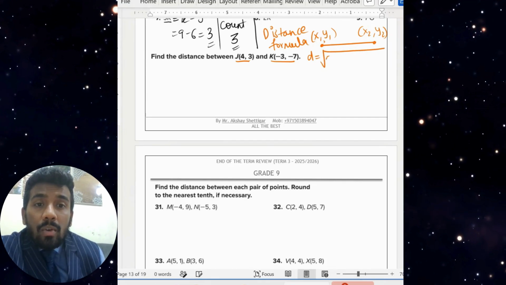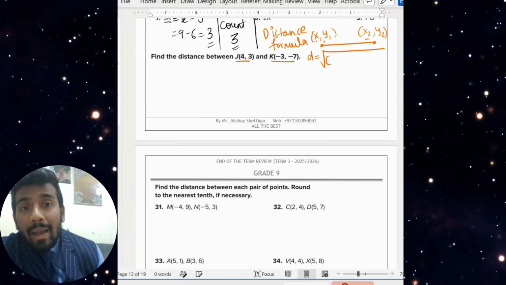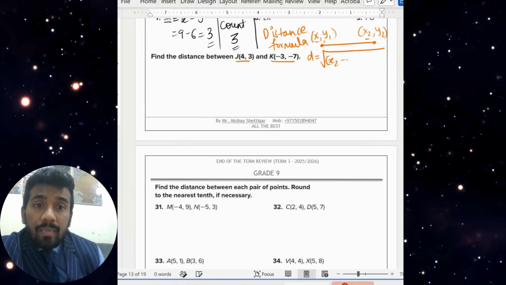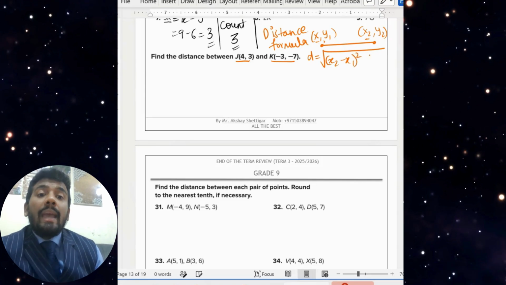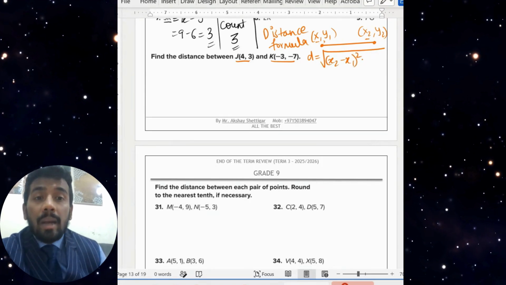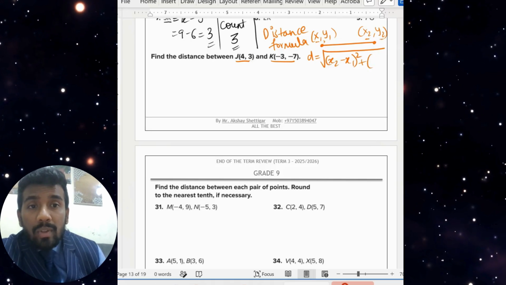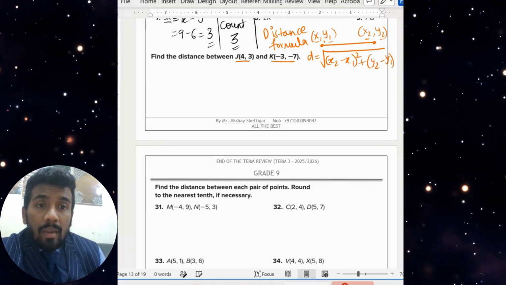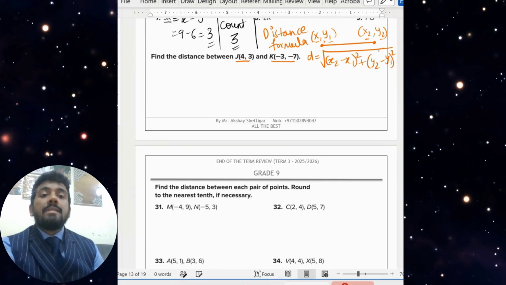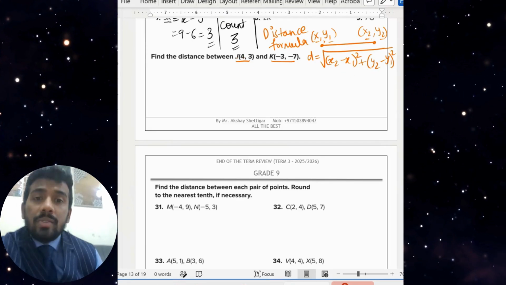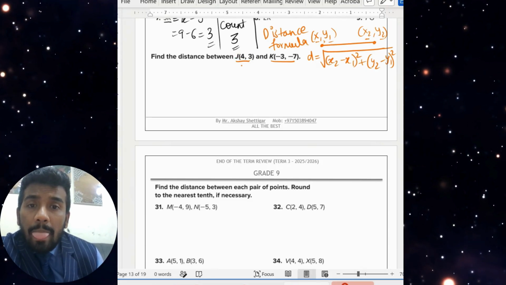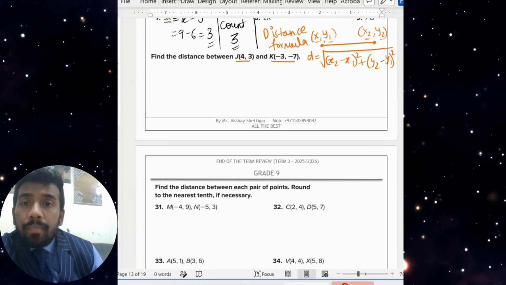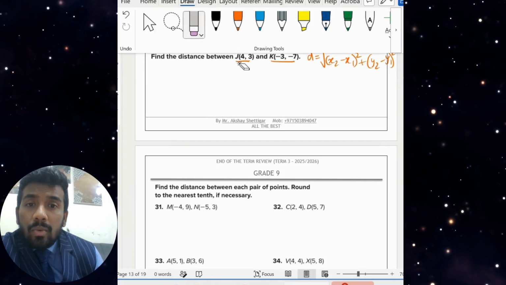It's given by root of x2 minus x1 square. Most of the students forget this square. Plus, do the same thing with y: y2 minus y1, again square. The entire thing is inside the root. So let's find the distance between these 2 points here.